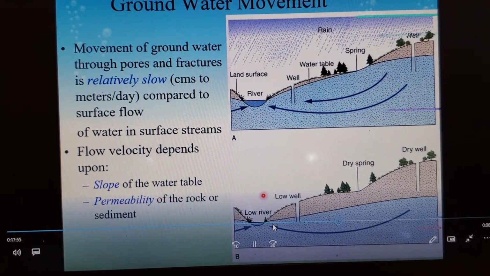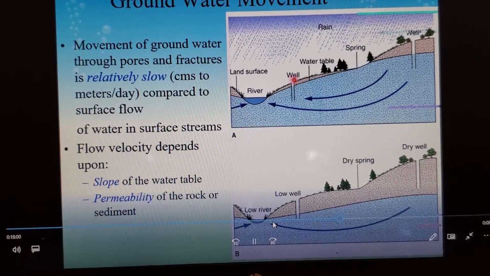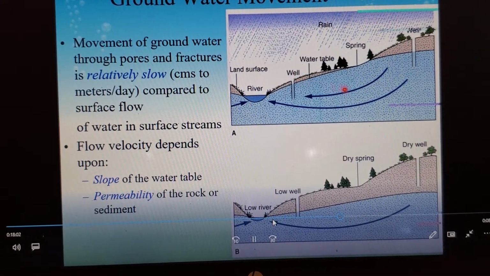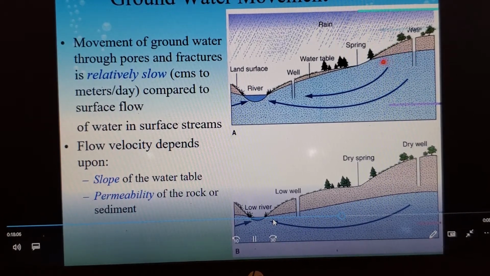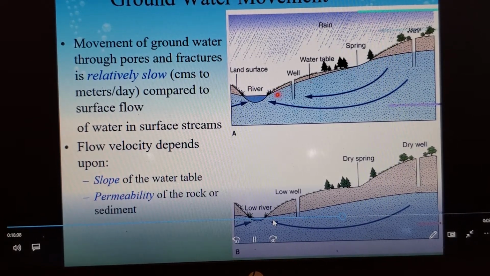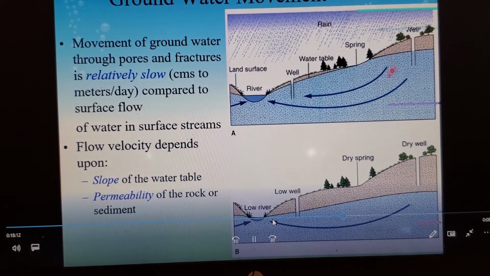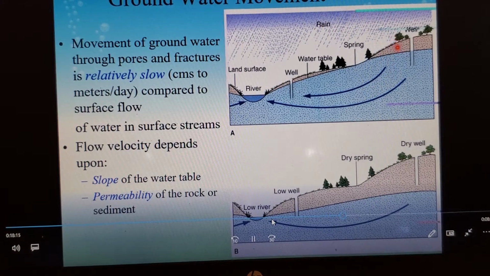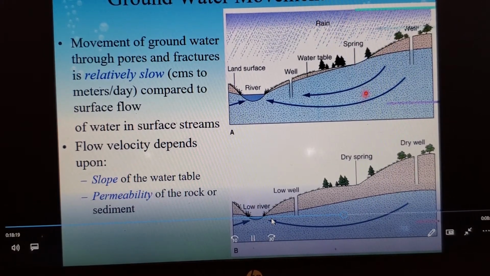In this diagram, you'll see some of the things that we've already talked about. You have your water table here, the line between the blue area and the gray. Of course, you see rain, so precipitation, that is what is feeding the groundwater.